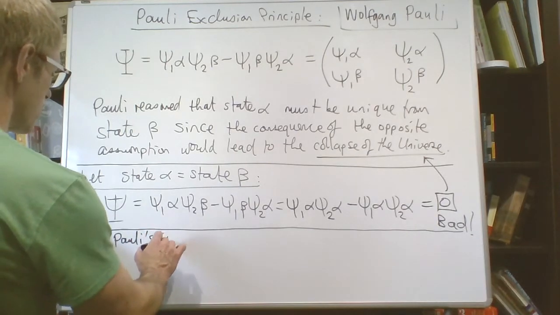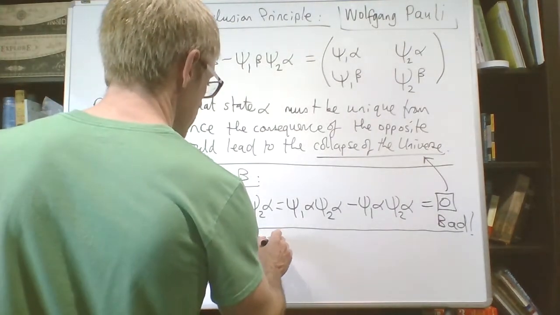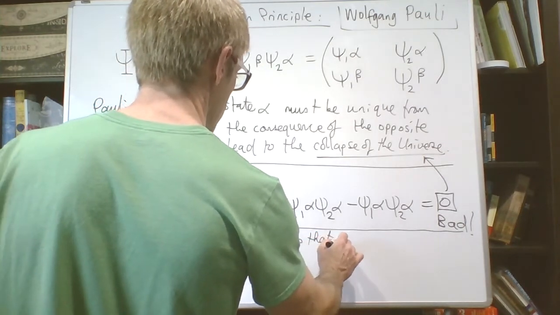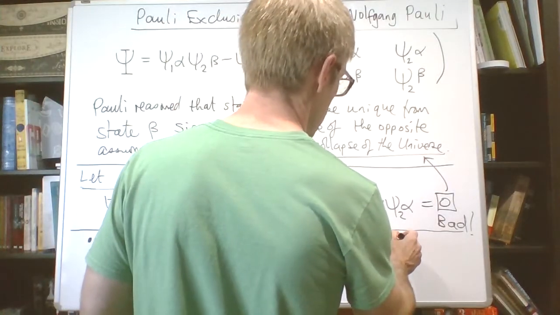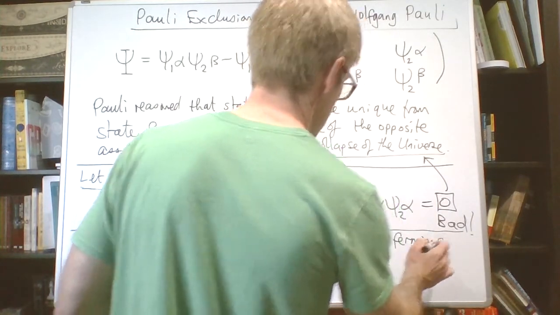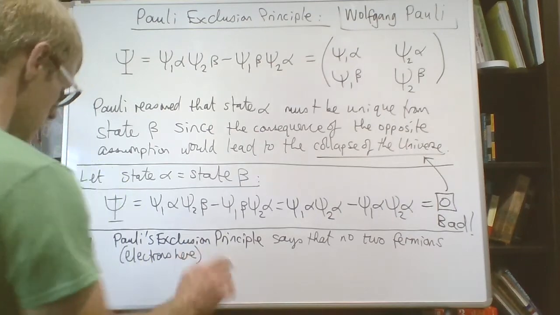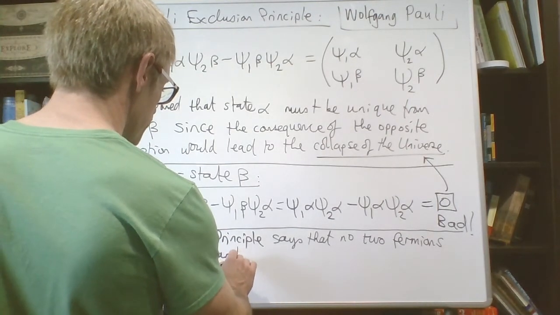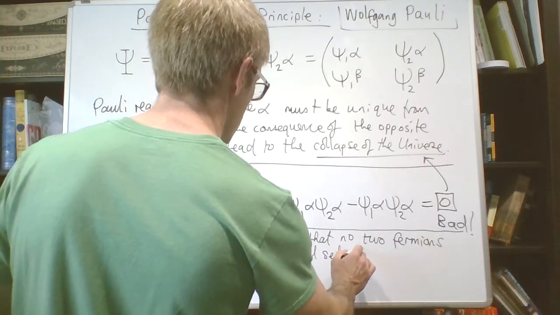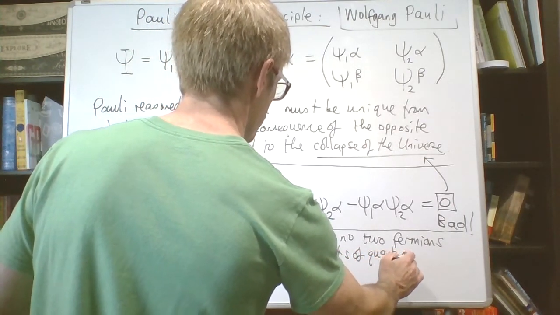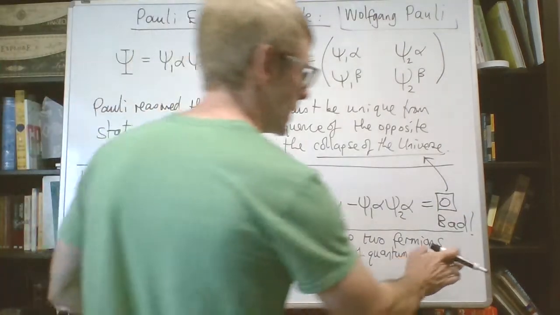Pauli's exclusion principle essentially says that no two subatomic particles, in our case electrons, so fermions in general, but we're interested in electrons in this instance, can have identical sets of quantum numbers if in the same atom.